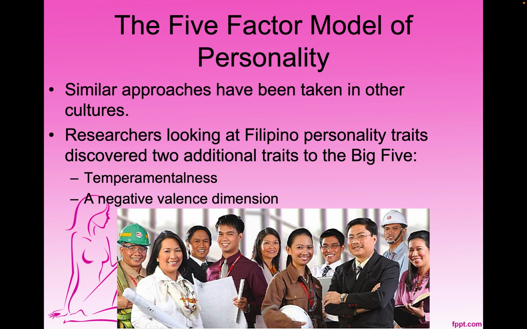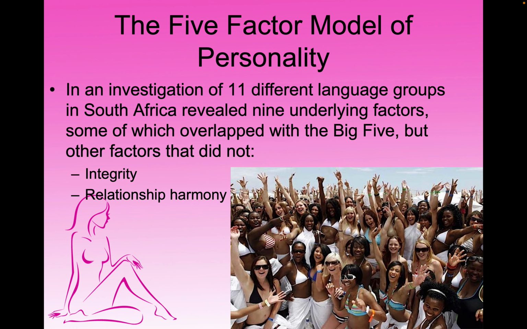And what this meant was that temperamentalness was a factor of being an authoritarian. And a negative valence dimension means that you see the people under you as negative.